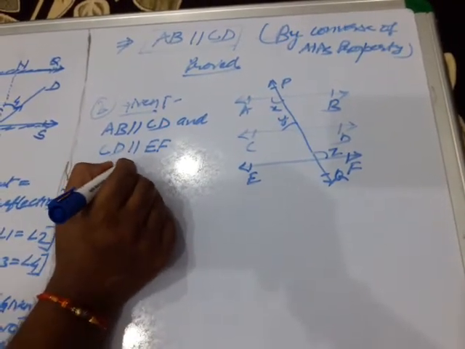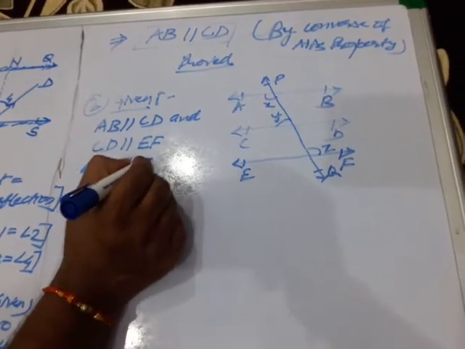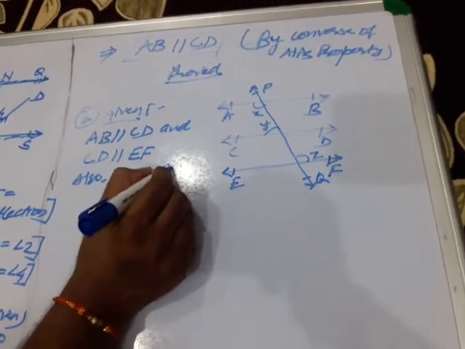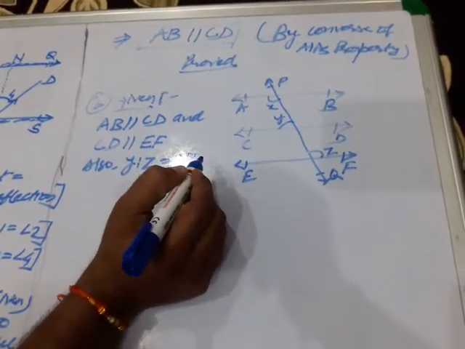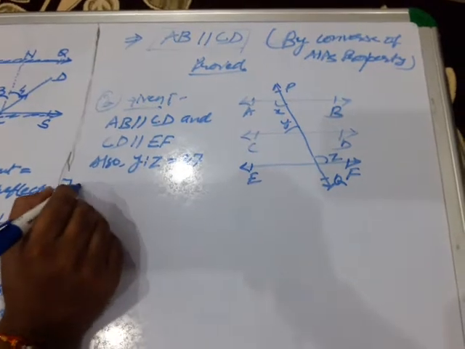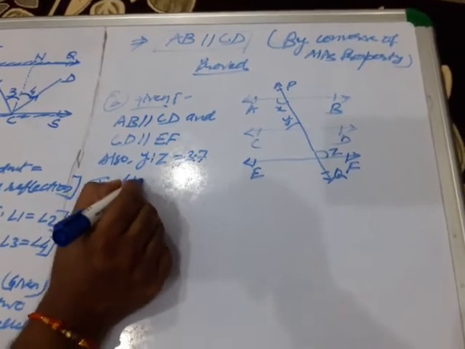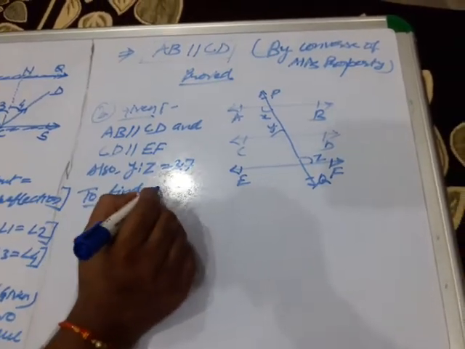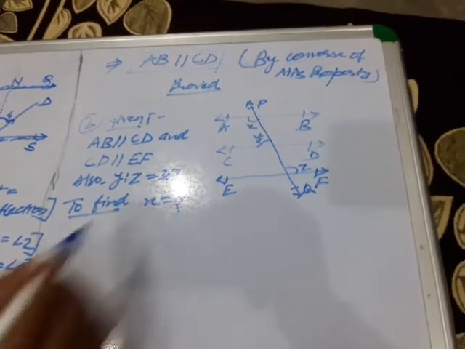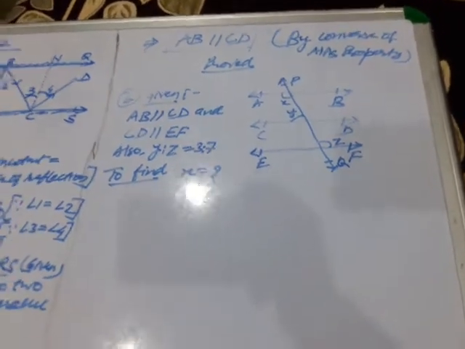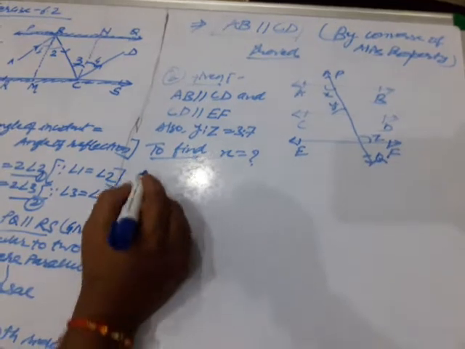What else is given? Y is to Z equal to 3:7. What is to find out? You have to find the value of X. Okay children, now calculation.